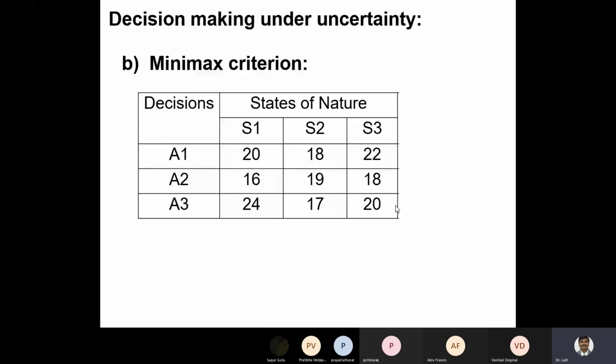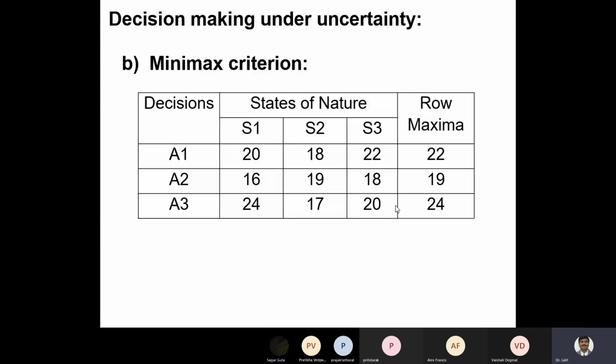The objective of the decision maker under this criteria is to minimize the maximum losses. It is minimum of maximums. So this criteria is used when the payoff table represents a loss matrix.